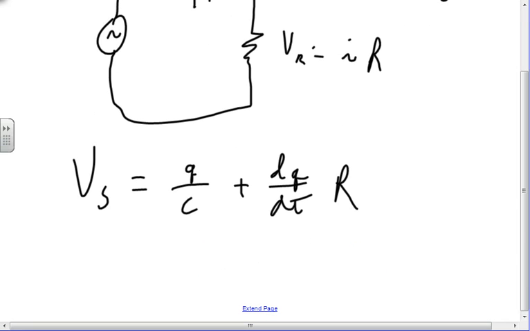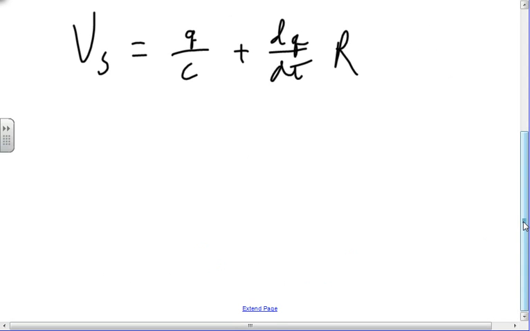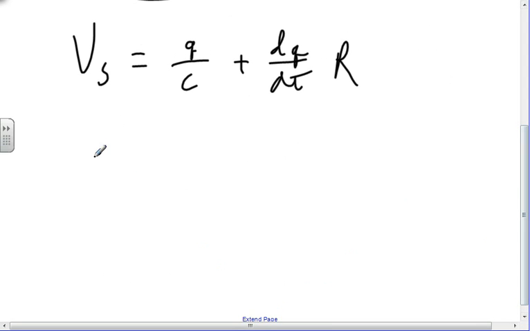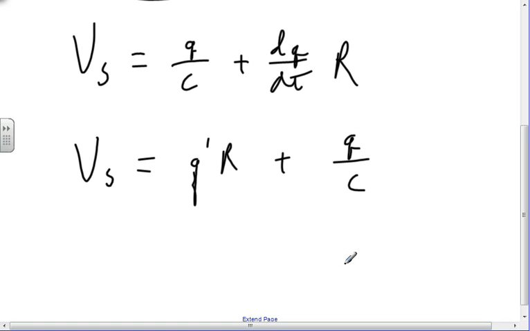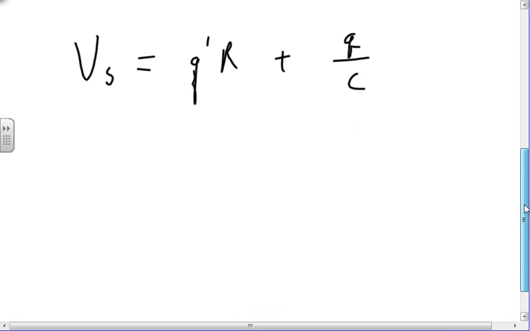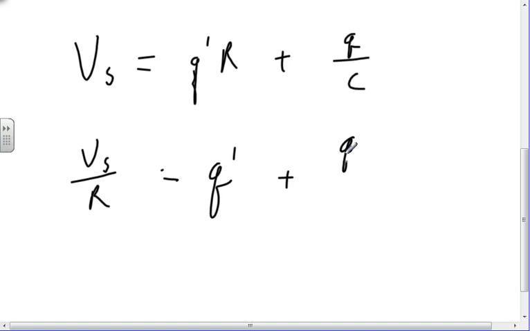All right. So now I've got a form: Q prime R plus Q over C. I'm going to divide everything by R. So Vs over R is equal to Q prime plus Q over RC.